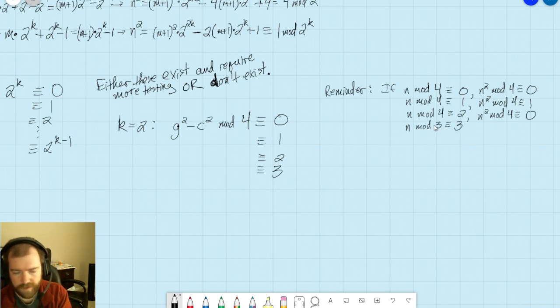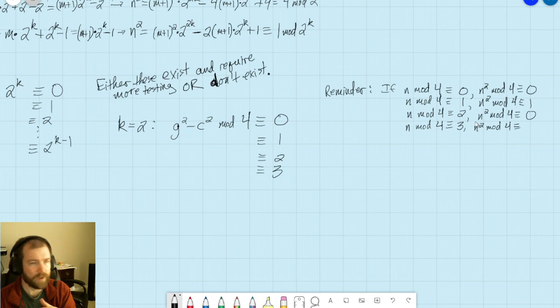And if n mod 4 is 3, then n squared is 9, and then mod 4 is going to be 1.